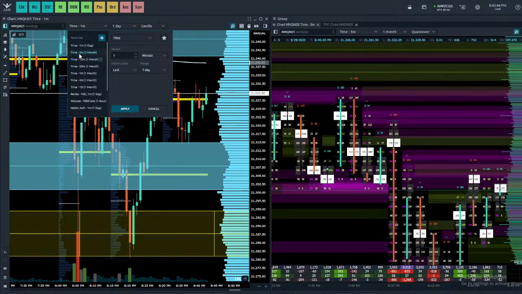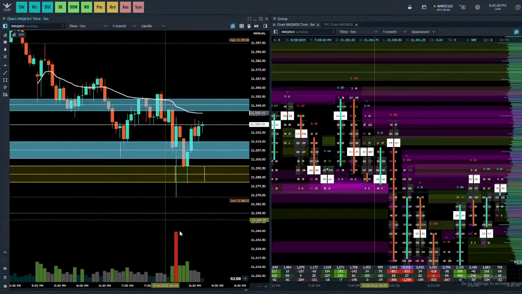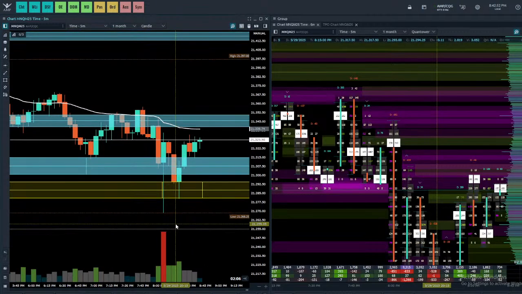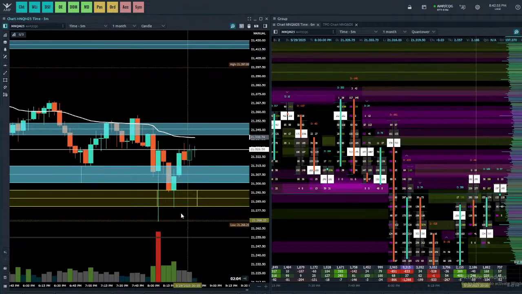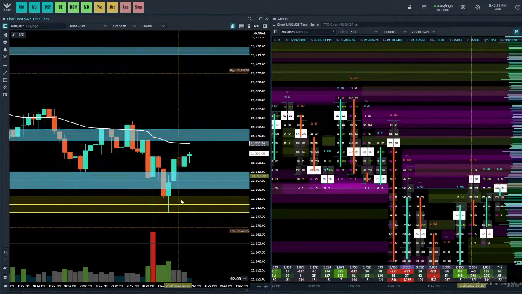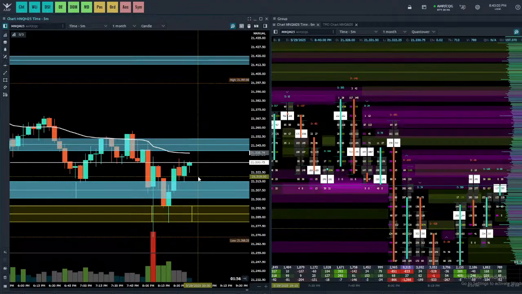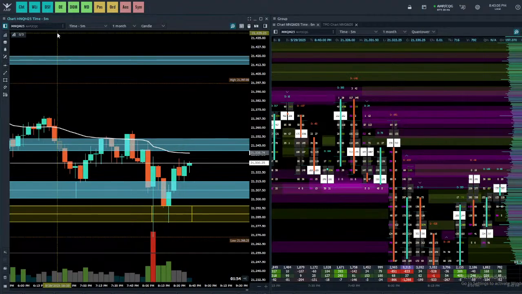Let's go through our 5 minutes. See what our 5 minutes is talking about, to see if I can see a broader range right now. Boom. Demand zone down here. Equal highs, equal lows.